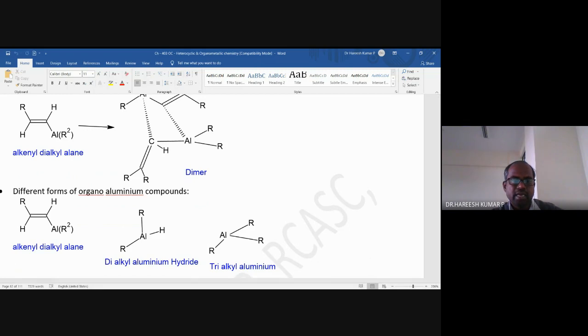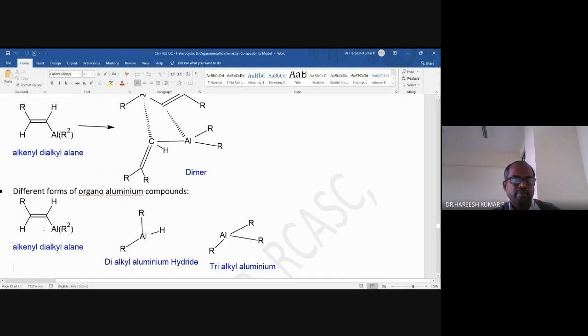One is dialkyl aluminum hydride. When the R group is an alkyl group, it's called dialkyl aluminum hydride. We will discuss its synthesis as well as its application in organic synthesis. Similarly, we also discuss alkynyl dialkyl alane. This group is called alkynyl, and here aluminum is bonded with two R groups.